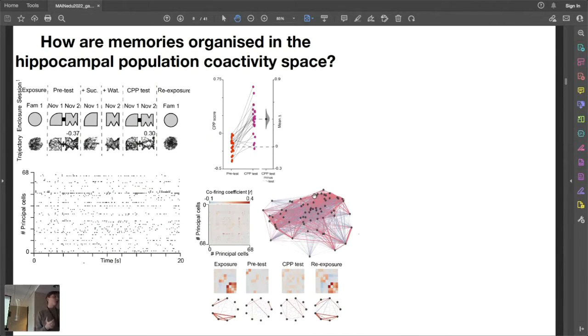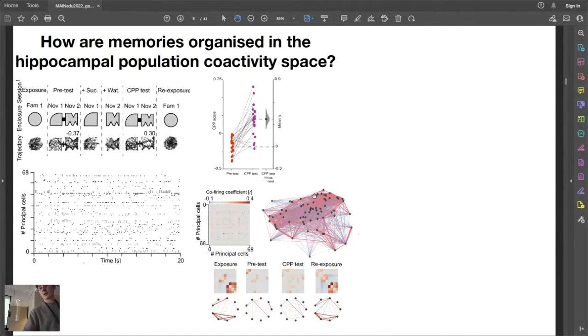Then there is the clustering coefficient, which instead measures the amount of coactive triads, so triplets of neurons which are coactive with respect to each other, or fire together. And the last one is the geodesic path length, which in a way is a proxy of how easy it is for one neuron to communicate on average to all the other ones in the network.